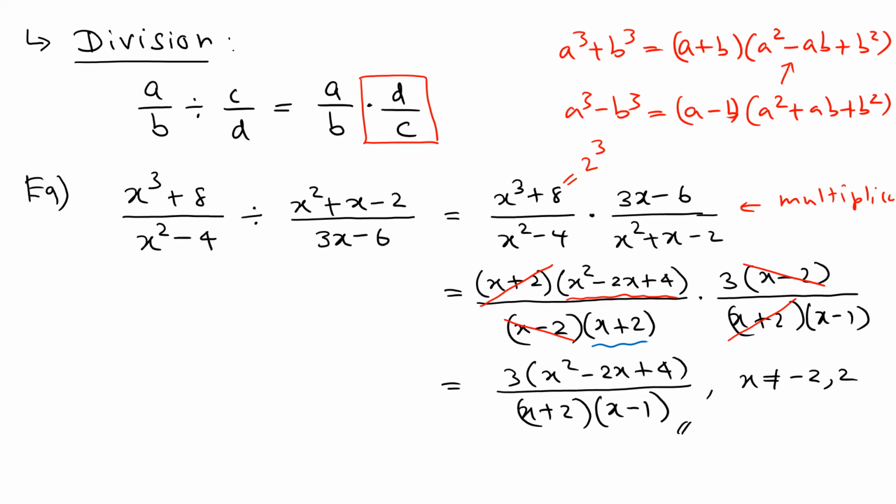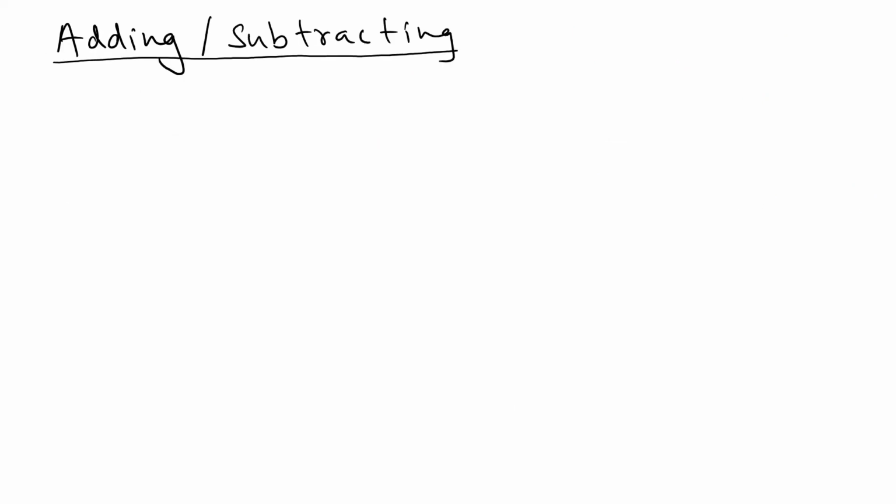So let's talk about adding and subtracting next. For adding and subtracting of fractions, we use a shortcut formula. So the shortcut formula is a over b plus c over d. What we can do is multiply like a cross.